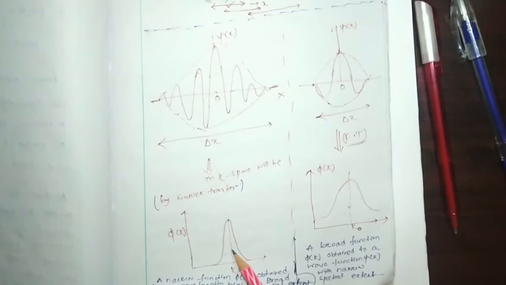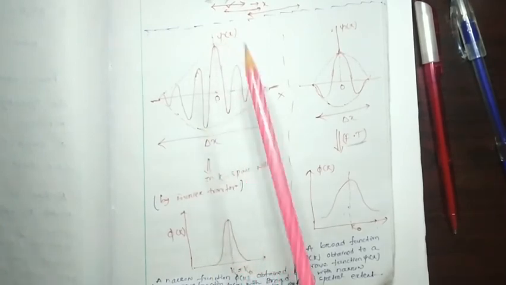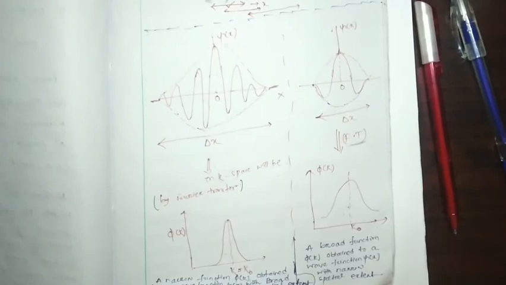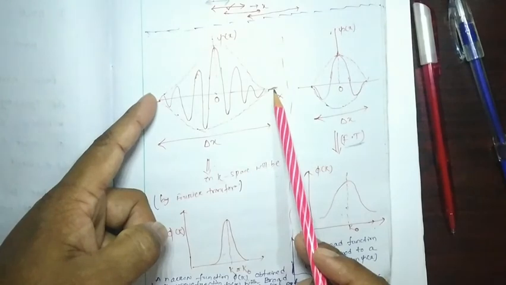Here a narrow function phi k, or you can say a peak, corresponds to a wave function psi x with broad spatial extent. Broad means larger spatial extent.